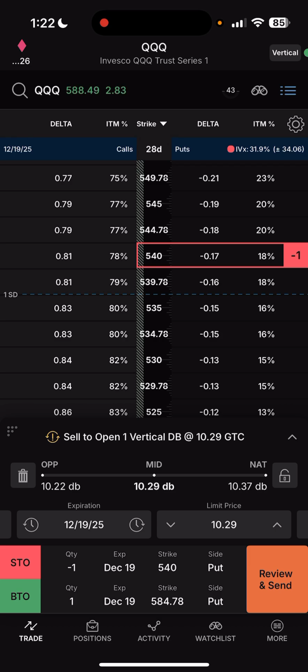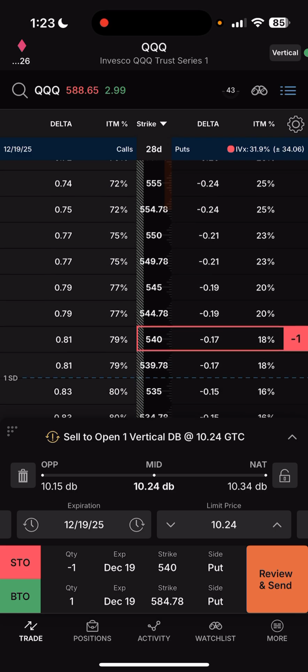I like to go with the round numbers just to keep it straight in my head. So I'm going to go up to the 540, which is actually a minus 17 delta. So we're going to look at that. We're going to also look at the 535, which is at the 15 delta, and see where our pricing is. This is kind of a jump ball. Try to figure out if we want to go with the 540 or the 535.